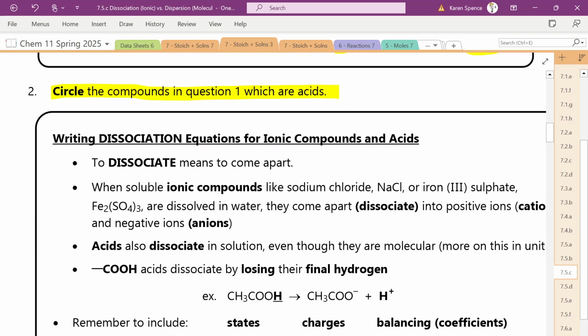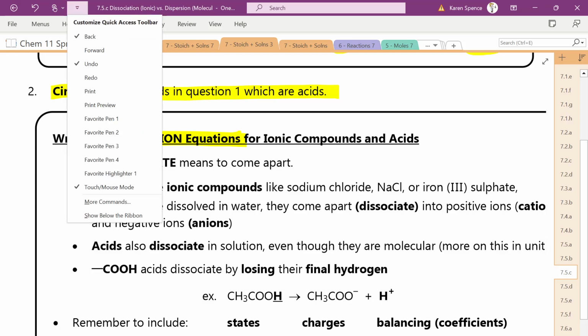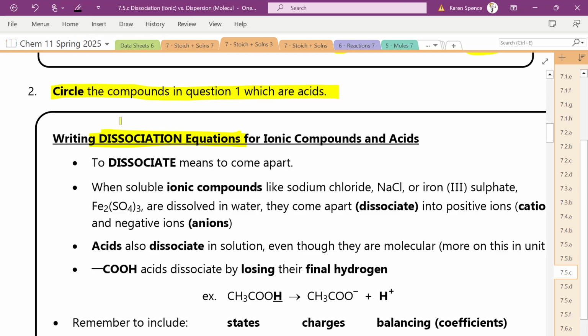After that, you are going to write the dissociation equations. You are responsible for writing dissociation equations on the test. So, basically, everybody comes apart.